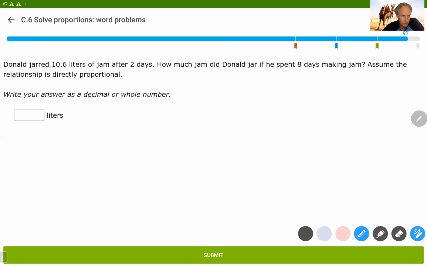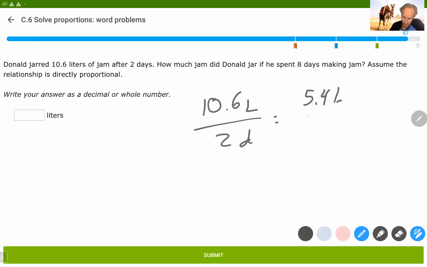Maybe 2 more, hopefully just one more, but who knows. 10.6 liters in 2 days is the same as 5.4 liters in 1 day. That's an L. And we want to multiply by 8 to get our 8 days.